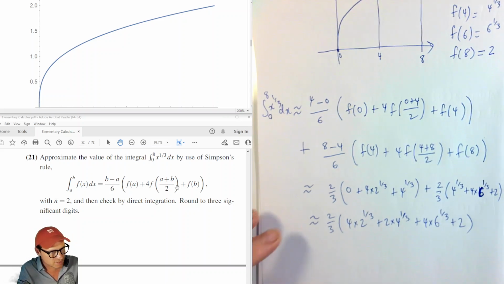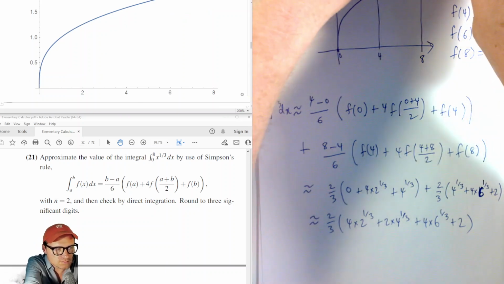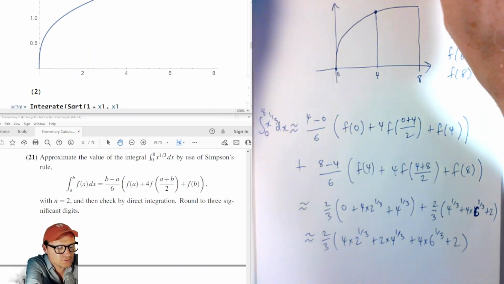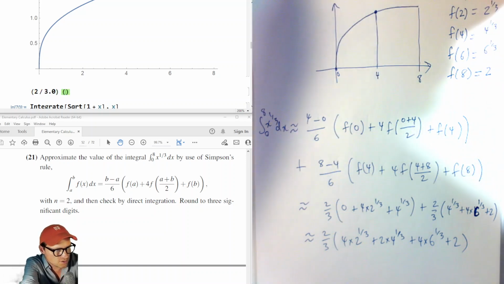Okay, let's get an estimate of this. So 2 divided by 3. So I make sure that we get a numerical estimate.